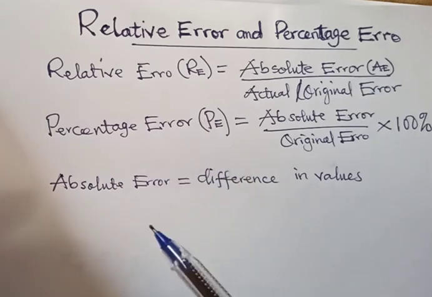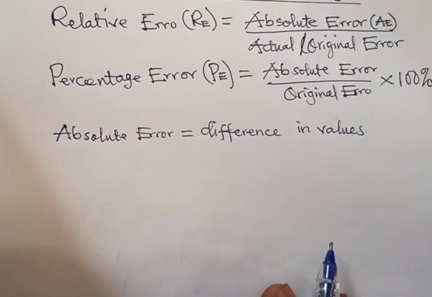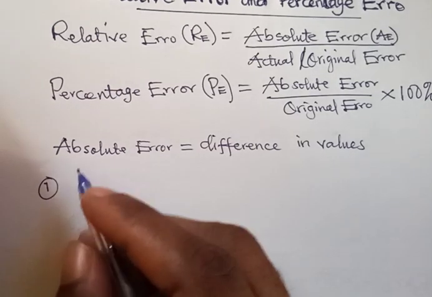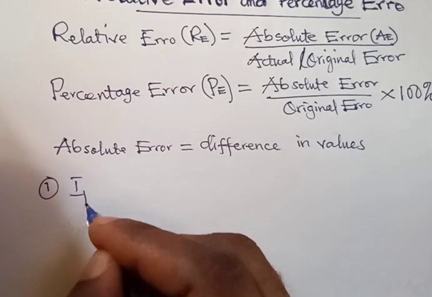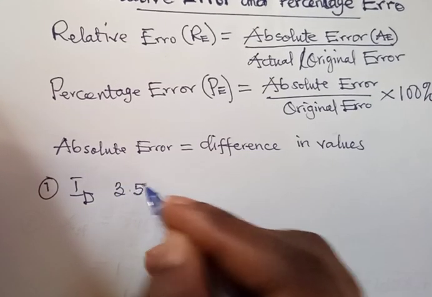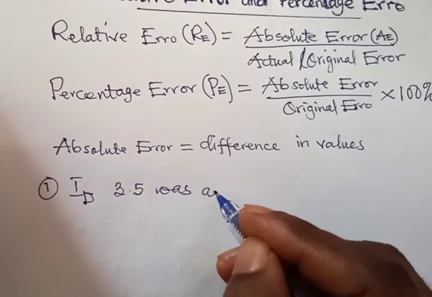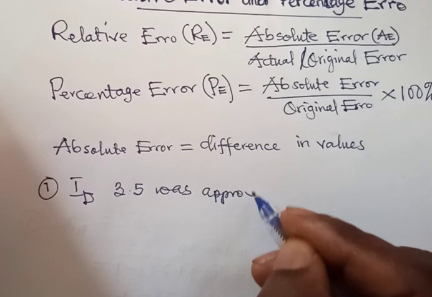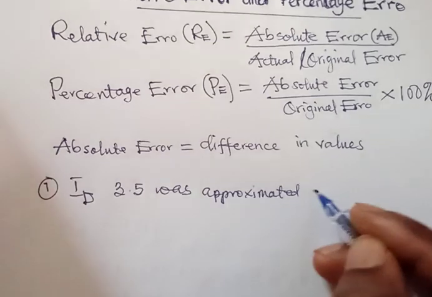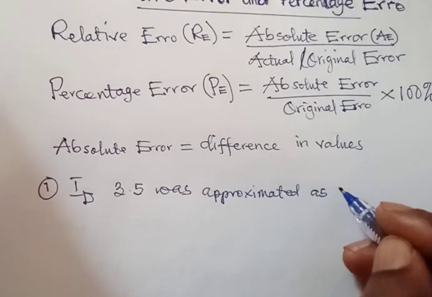So let me write this question down. Example one. Let's say 35 was approximated as, let's say, 4.